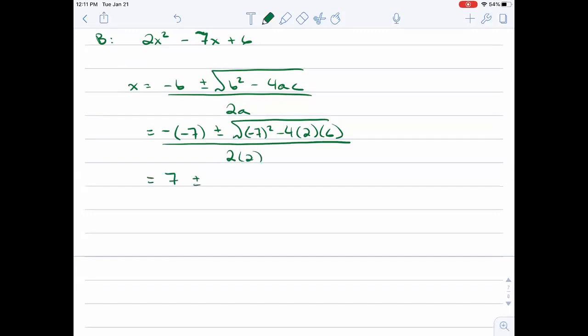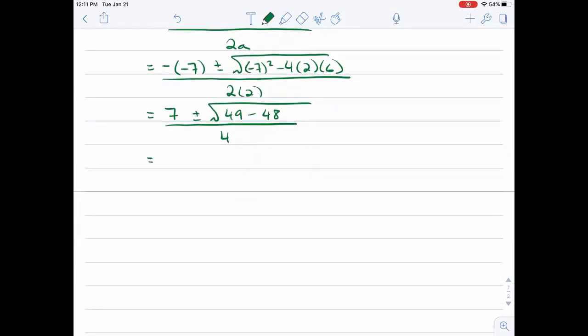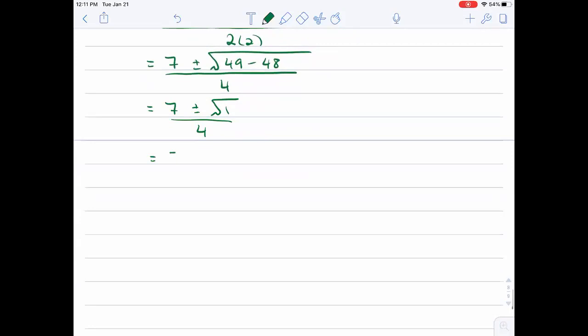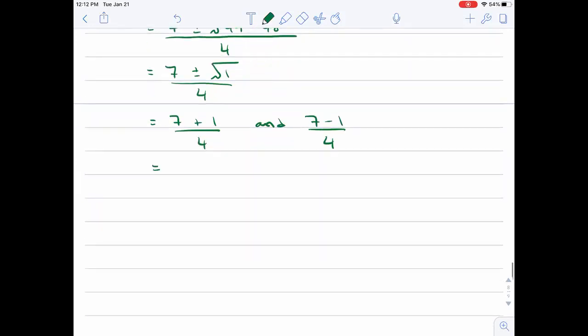So I get 7 plus minus the square root of 49 minus 48, phew, not taking the square root of a negative, over 4. So I get 7 plus minus the square root of 1 over 4. Square root of 1 is just 1. So I have 7 plus 1 over 4 and 7 minus 1 over 4, which means I've got 8 over 4, which is 2 again, and 7 minus 1 is 6 over 4.